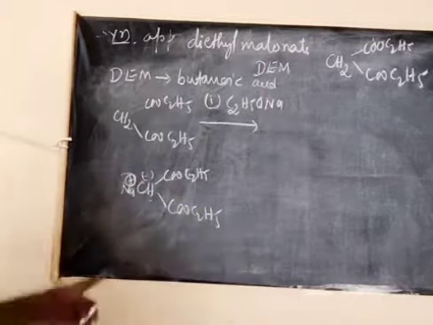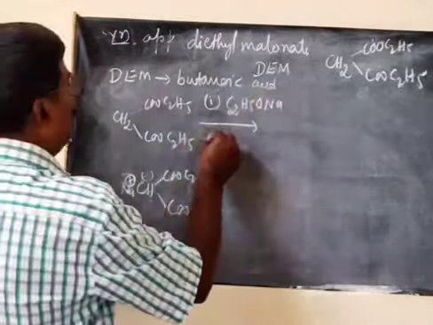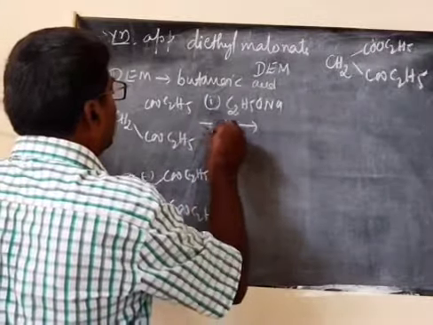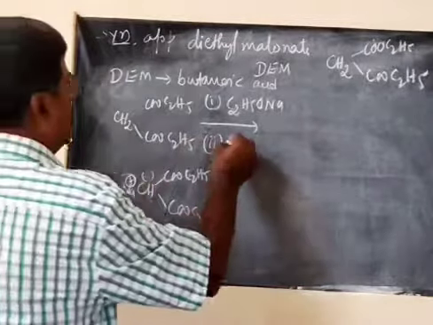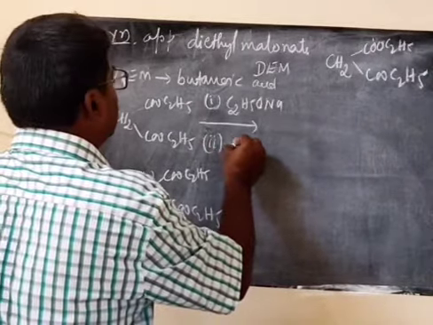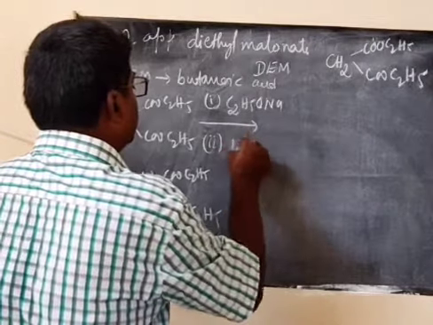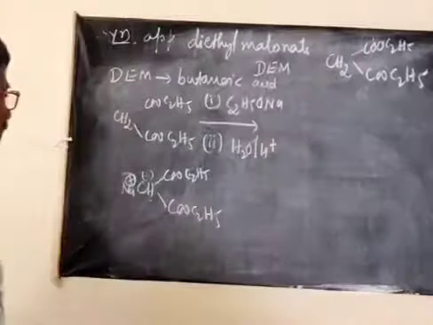I am not representing this in the equation. Then followed by acid hydrolysis, H2O, H plus.